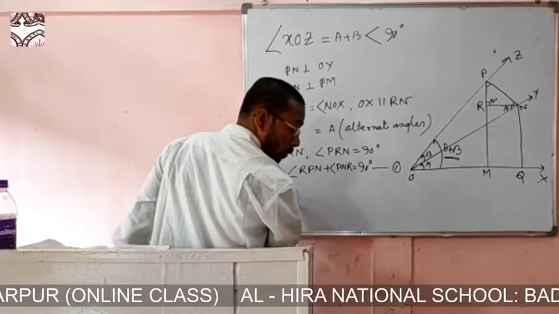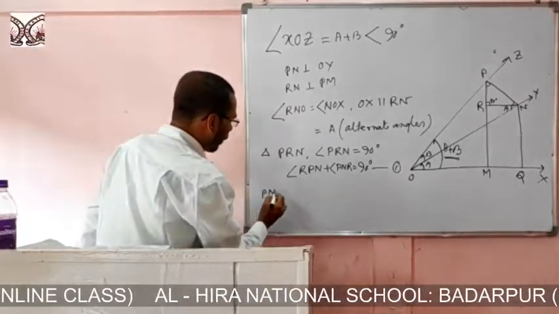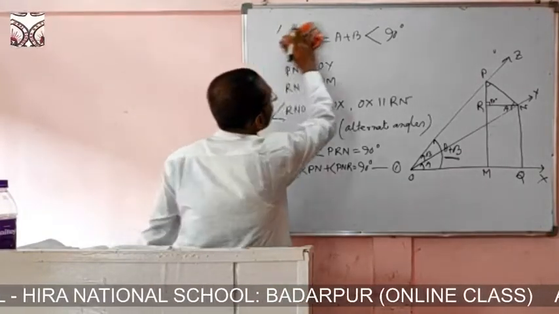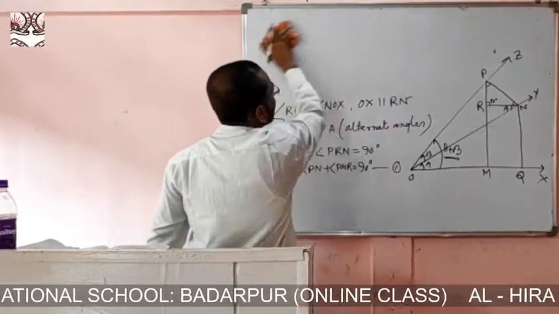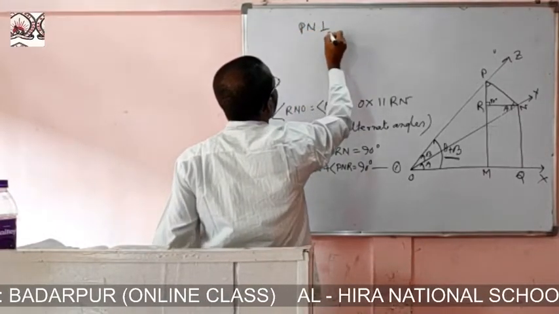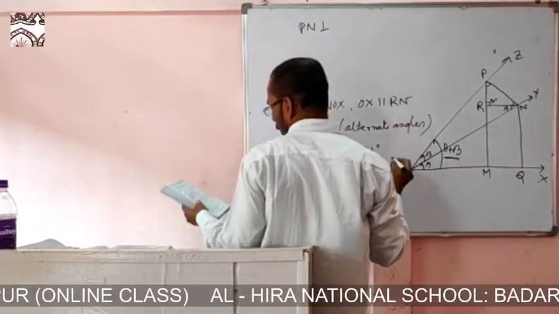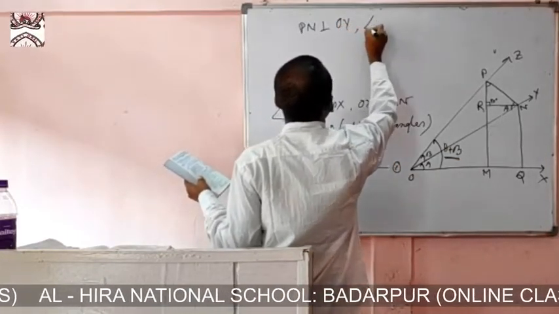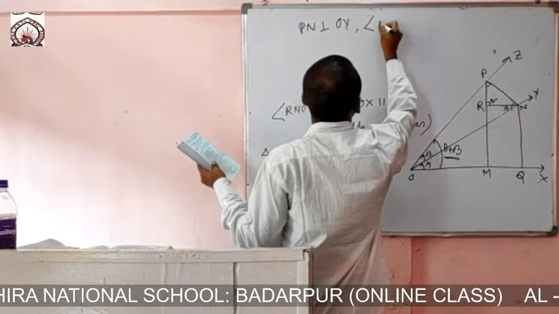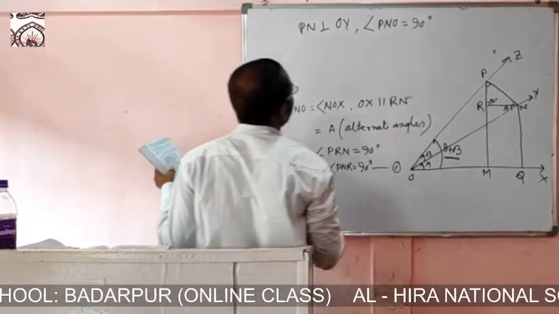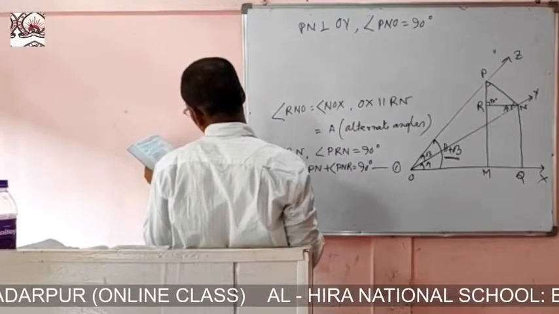Again you see PN, I am writing above, PN is perpendicular to OY, and then angle PNO is equal to 90 degrees.